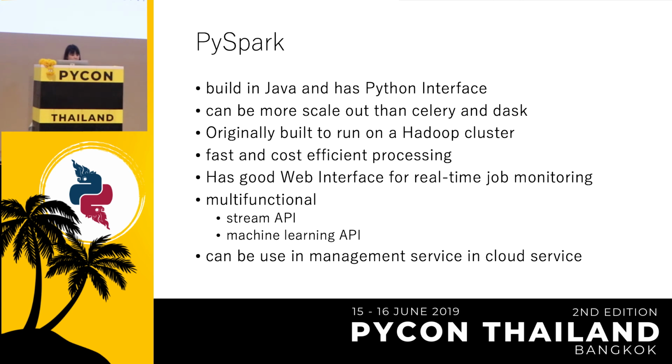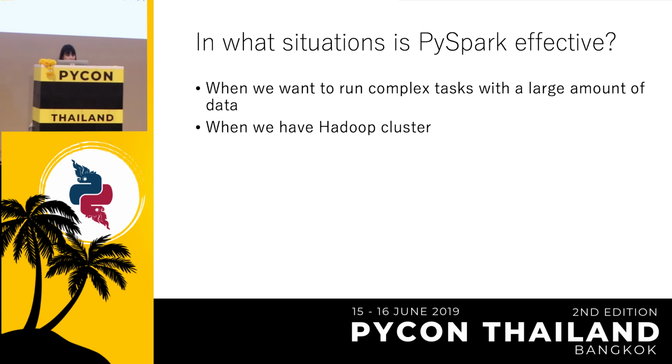And PySpark has multifunctional APIs, such as the Stream API and Machine Learning API. So PySpark can run very complex tasks. PySpark can be used as a managed service in cloud services. That is a big merit because cluster maintenance is a very heavy task for infrastructure engineers.